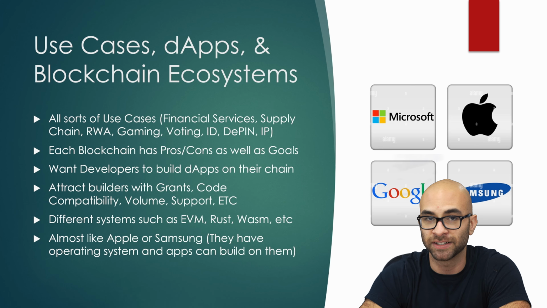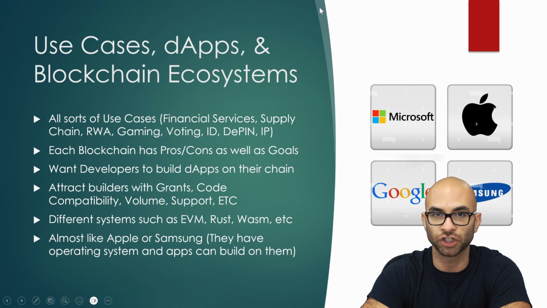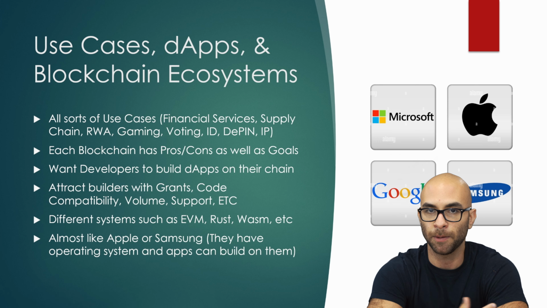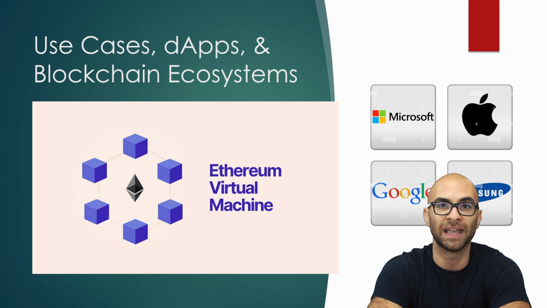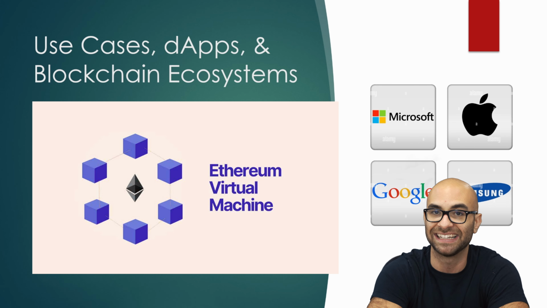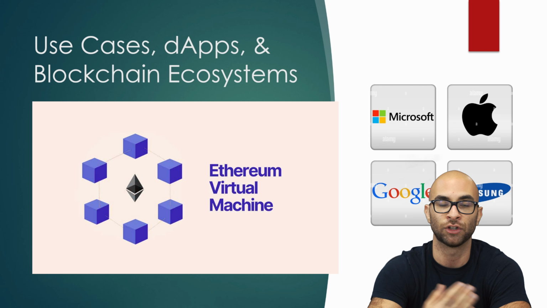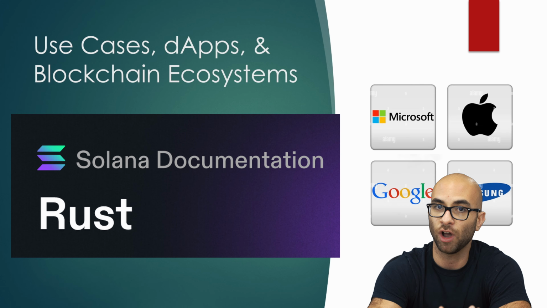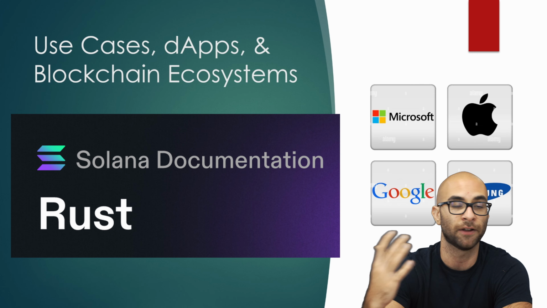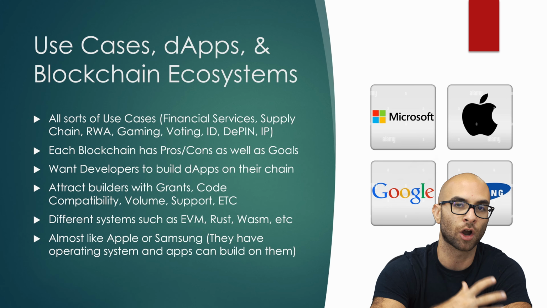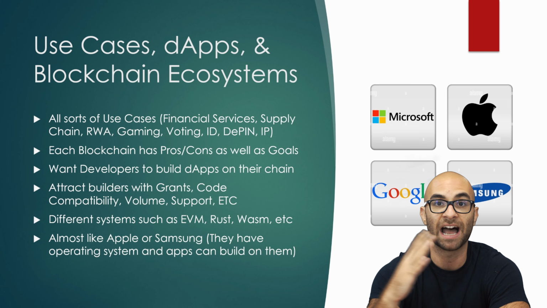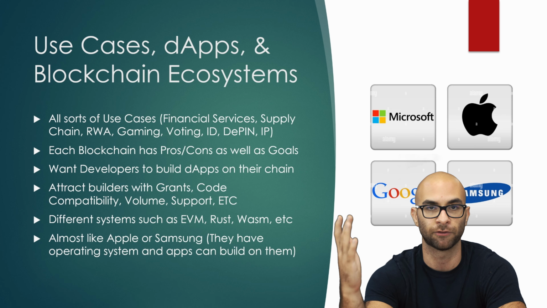One of the interesting things to note is that these different blockchains will have different compatibility with other blockchains. So for example, EVM is Ethereum. It's built using Solidity as the main coding language, and there are a lot of blockchains that have EVM support. You then have something like Rust, which is on Solana, which has a different way of doing things, and there are pros and cons to each of these different languages, as well as compatibility issues between these different blockchains.